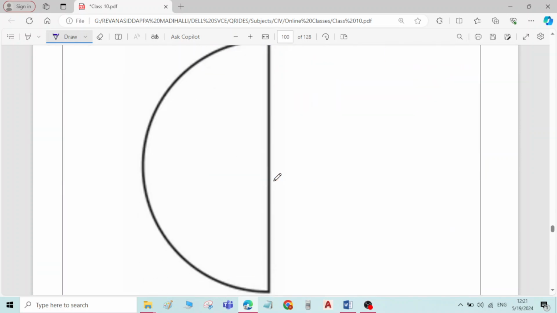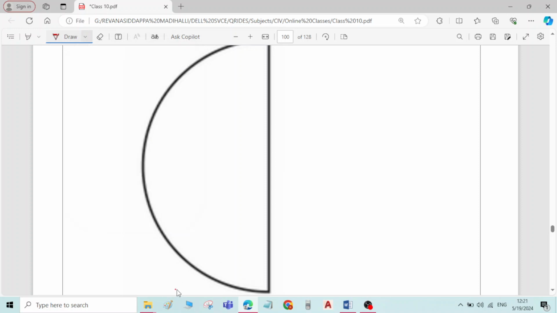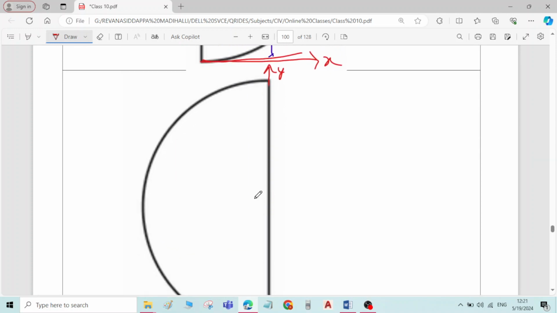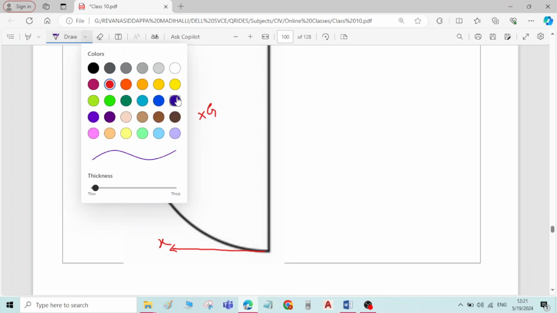Now for this semicircle I will take the reference x-axis and reference y-axis here. If I take G as centroid, the reference axis is in the second quadrant now.